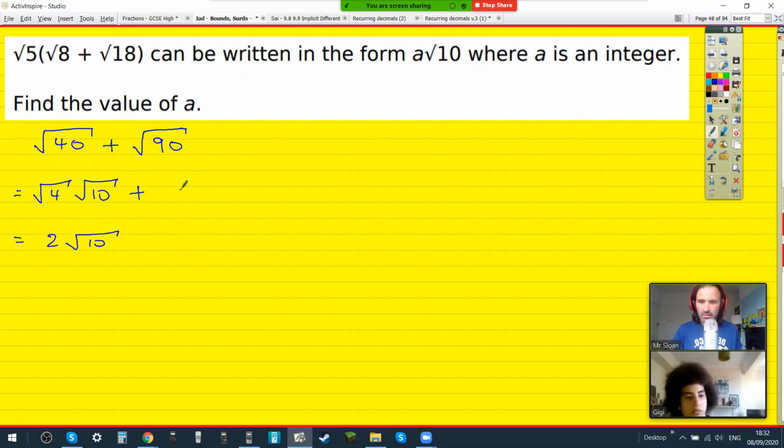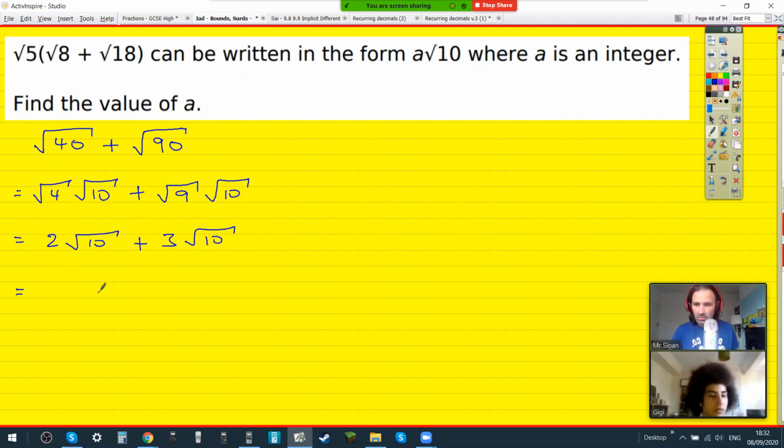Okay. 3 root 10, which would be 6 root 10. Adding? Oh, adding, 5 root 10.